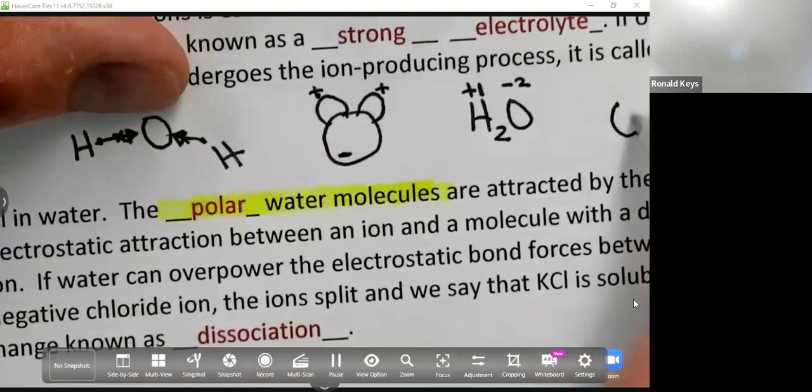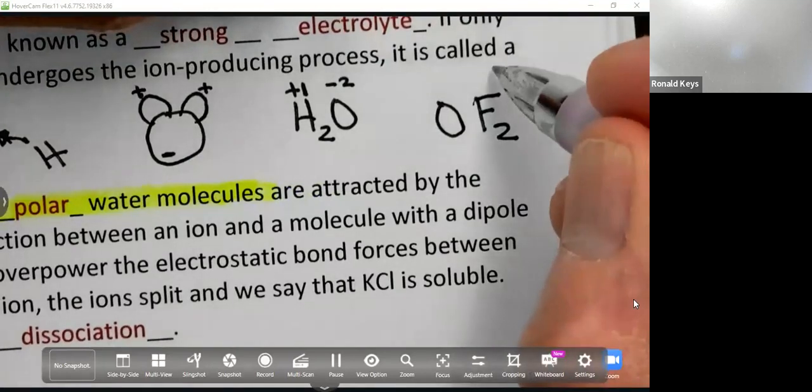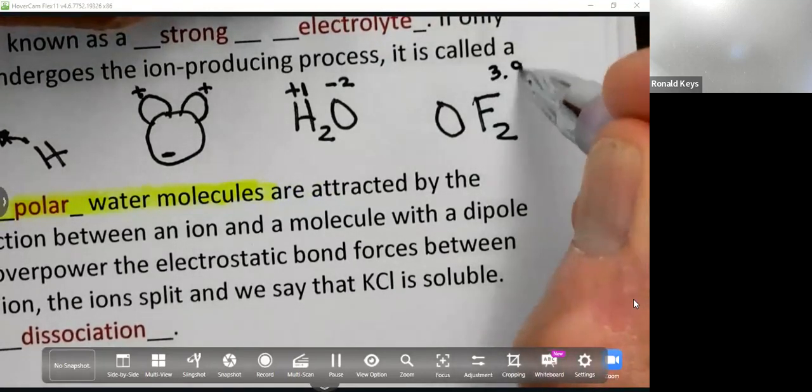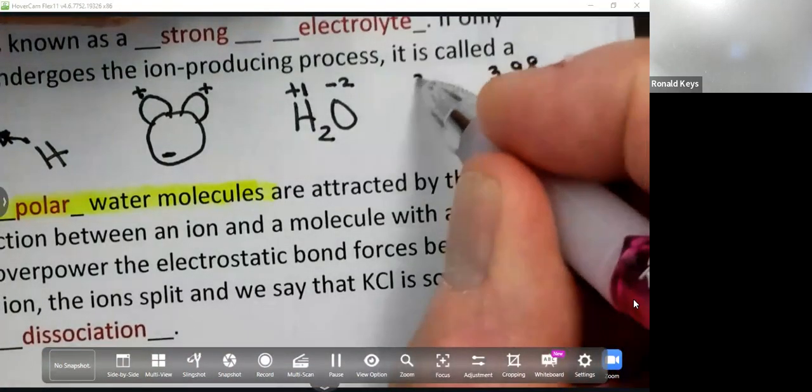This also explains this freak in chemistry. It's difficult to teach because there's always exceptions. And you could have something like this. The electronegativity of fluorine is 3.98 and oxygen is 3.44.